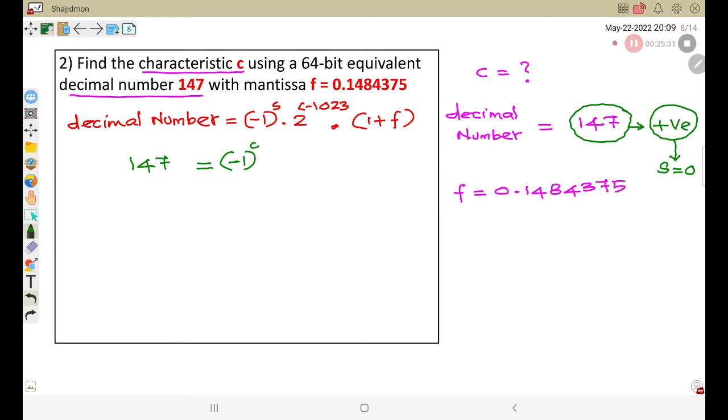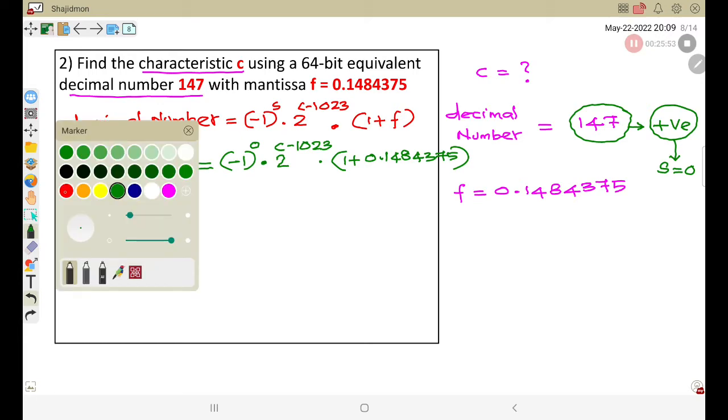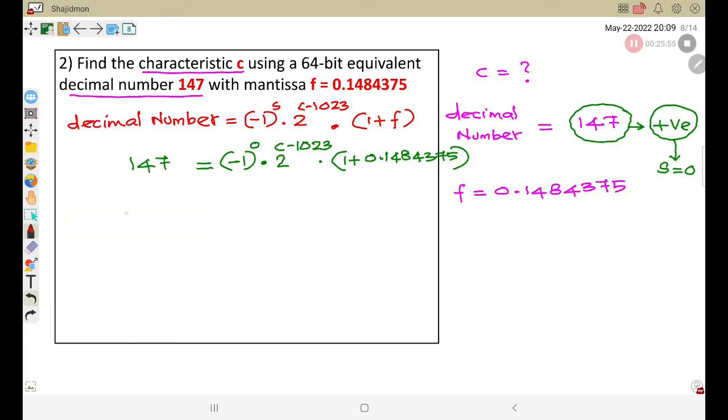So s is 0, multiply 2 power c, which we don't know and need to find, minus 1023, multiply 1 plus the f number, 0.1484375. Okay. Now we will simplify that step. 147 equals minus 1 power 0. What is the meaning of that?